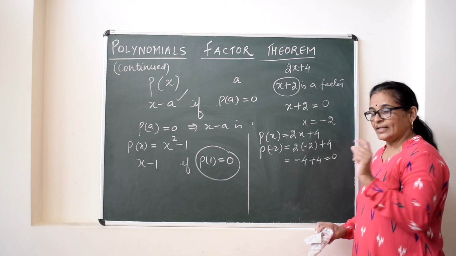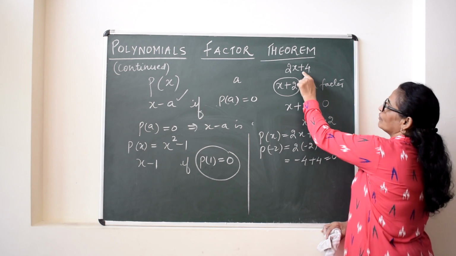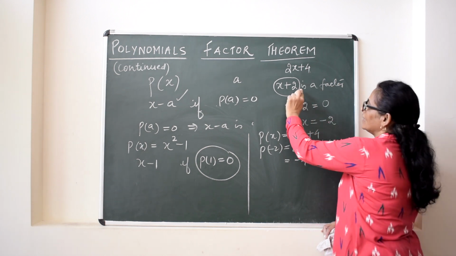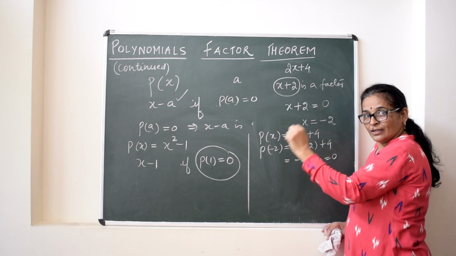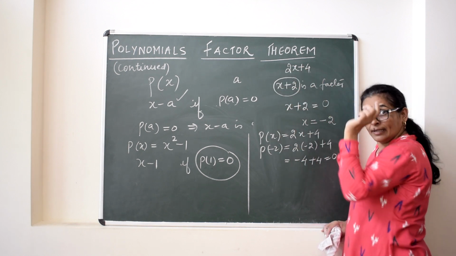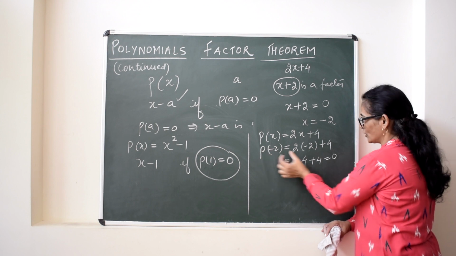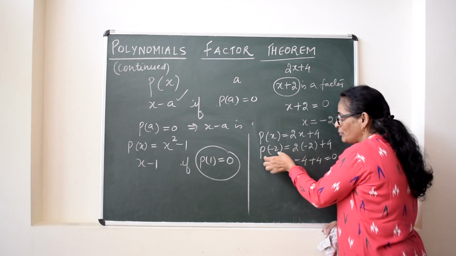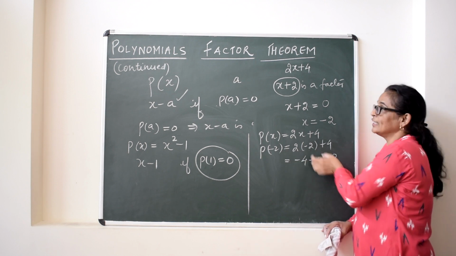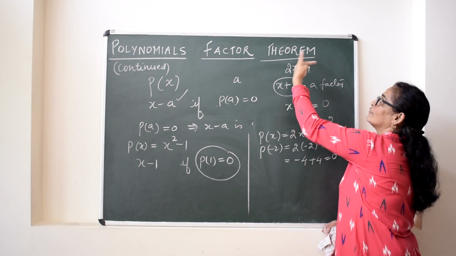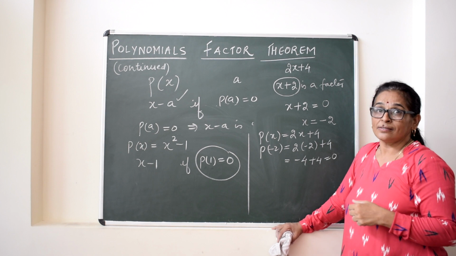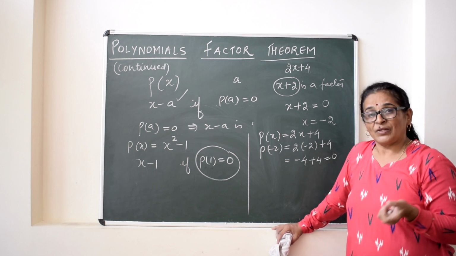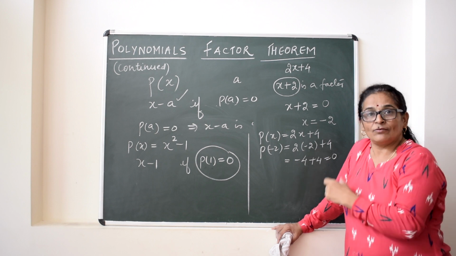What we have seen is that if p of x is 2x plus 4, then x plus 2 is a factor of the given polynomial if p of minus 2 is 0. Or in other words, if p of minus 2 is 0, then x plus 2 is a factor of 2x plus 4. Like this, we will do some examples and see how we can use the factor theorem.